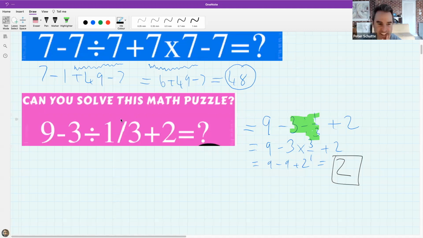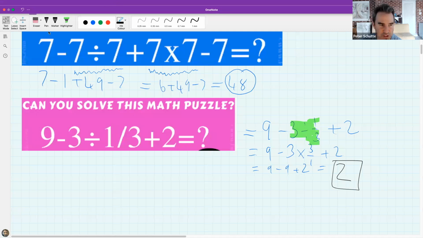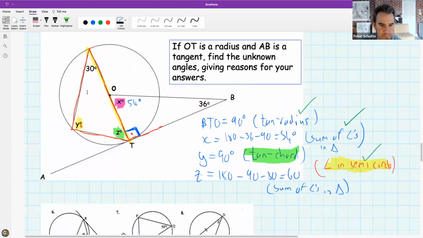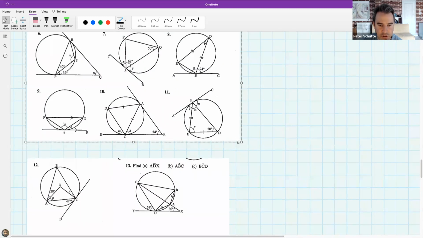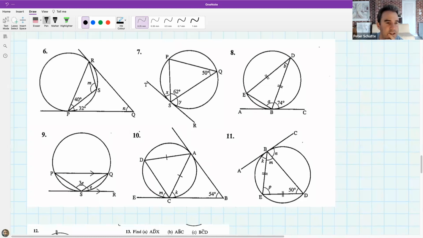Okay, so today I just wanted to check that everybody understands BODMAS quite well, and I think you've shown that you understand that. So let us return to the second part of today's lesson. I'm going to choose some variations.